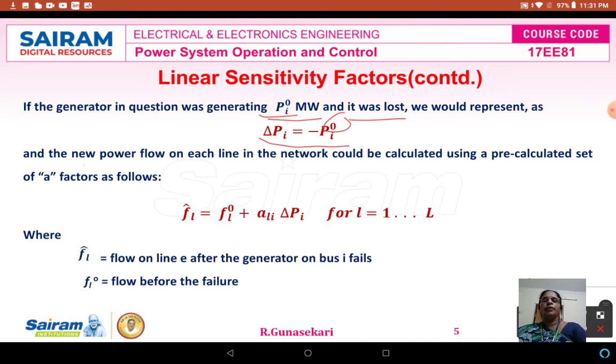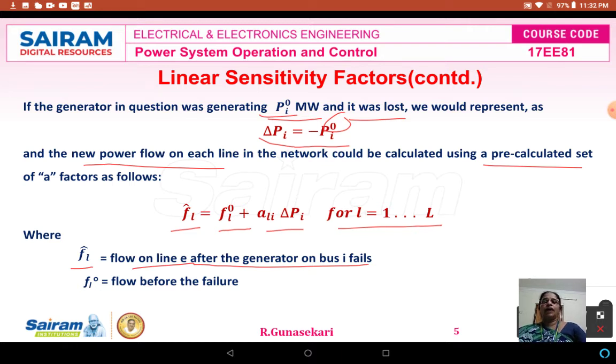Now the new power flow on each line L in the network is calculated using the pre-calculated set of A factors as follows. That is, the FL vector is equal to FL naught plus ALI del Pi, where L runs from 1 to capital L. The FL vector is the flow on line L after the generator on bus I failed.